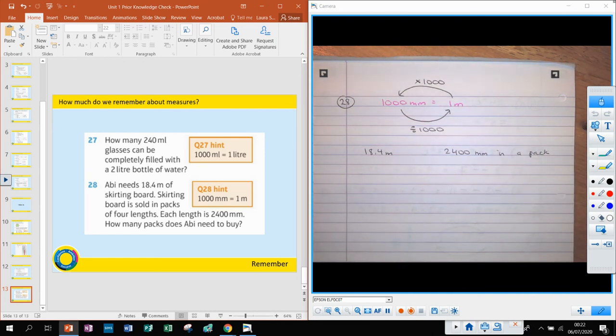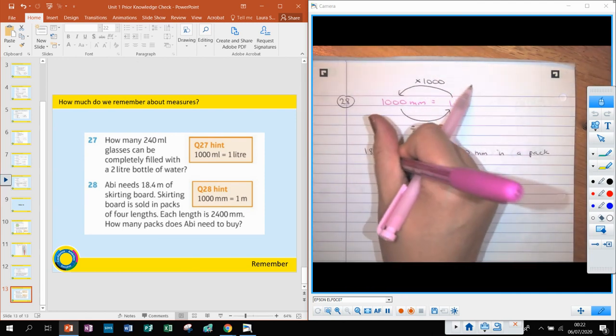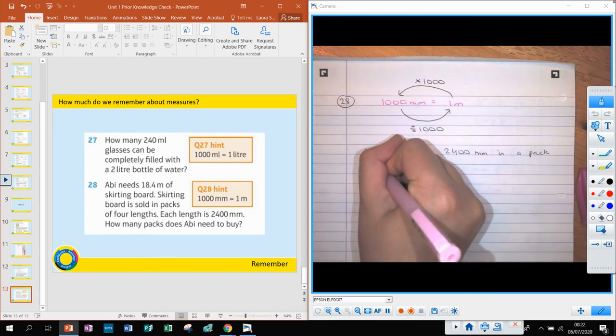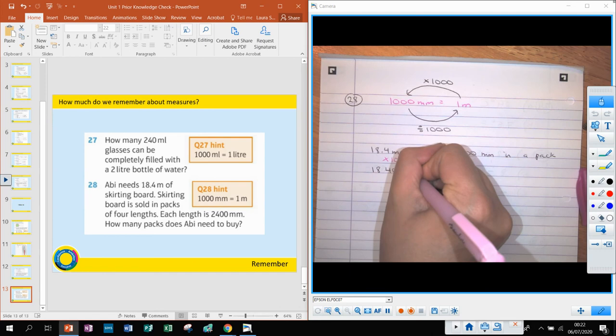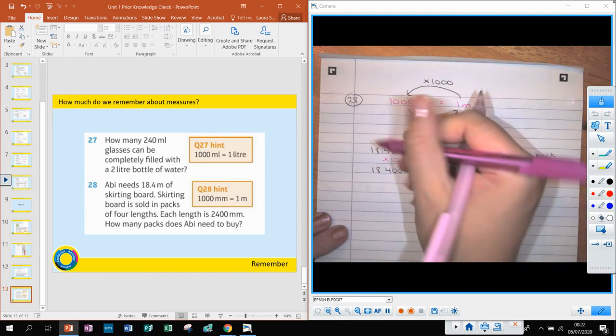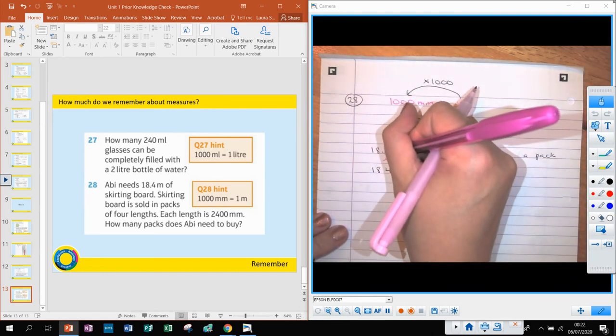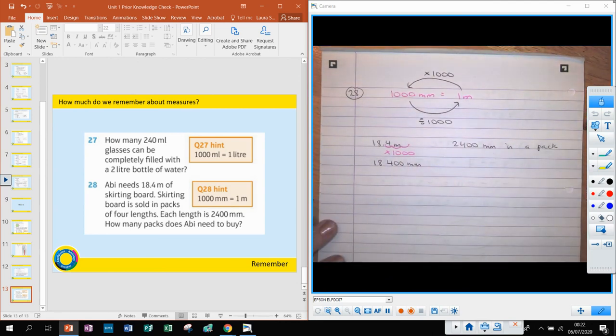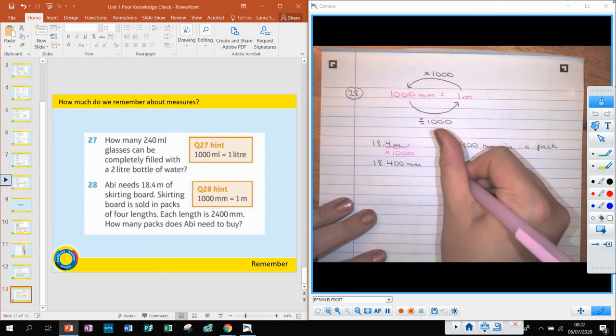Right. I can't do this yet because this is in meters and this is in millimeters. Easiest thing to do is to turn this one into millimeters. So we're going to have to multiply that by 1,000, and that's going to give me 18,400 millimeters, because remember, if it's 3 places, we need to increase it by 3 decimal places. Right, so now we can divide.